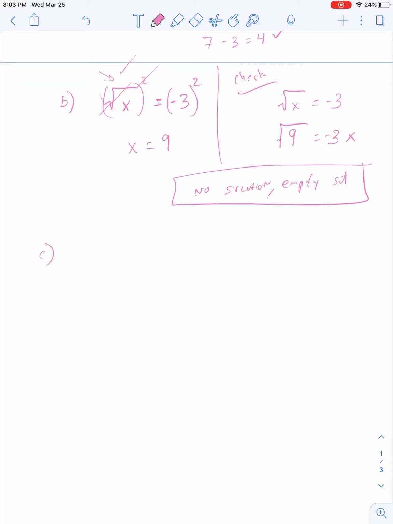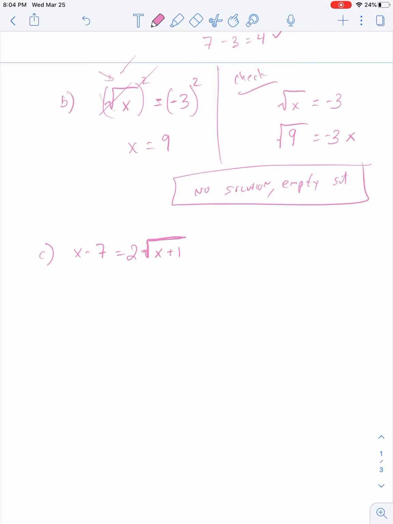How about example C? All right, we have the square root of x minus 7 equals 2, open parentheses, x plus 1. So we want to get the radical by itself. Here we see that we have this 2 in front of it. It looks like it's almost by itself.